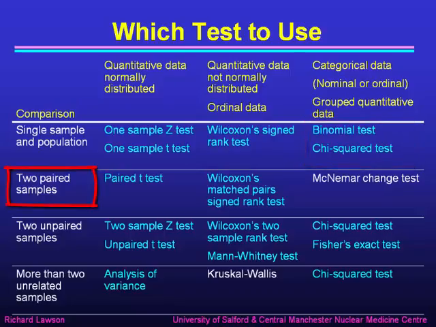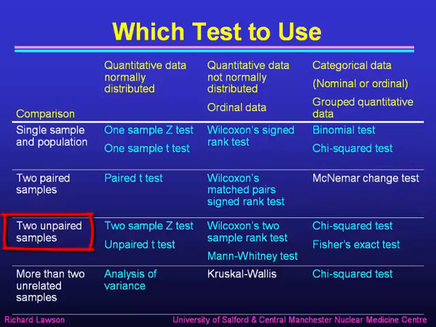If we want to compare two paired samples, for parametric data we've got the paired T test, or for the non-parametric equivalent, Wilcoxon's matched pairs sign rank test. I haven't told you about the test for categorical data that's paired, but it's called the McNemar change test if you want to look it up in textbooks.